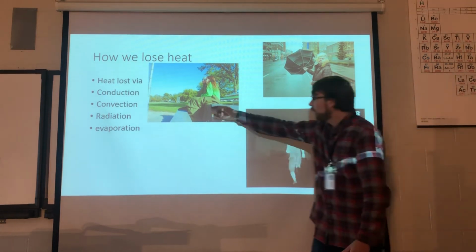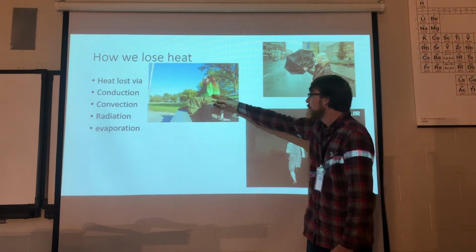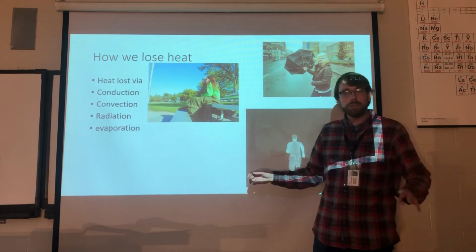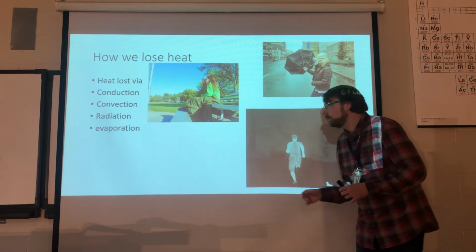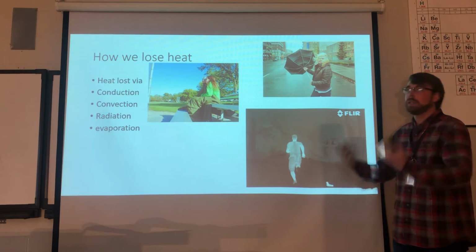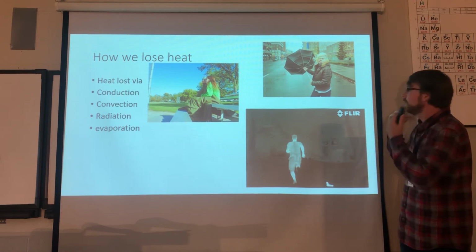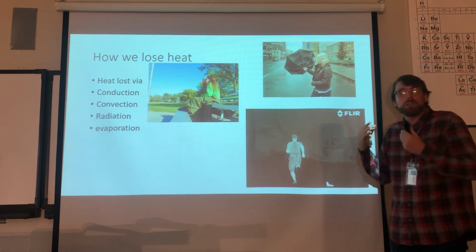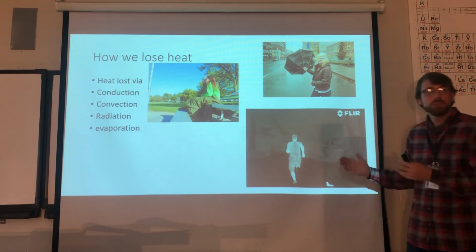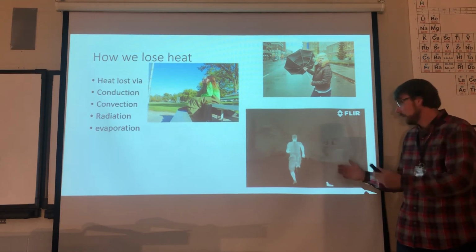Conduction is when you are in contact with something. So if your butt is on a cold metal bleacher, you are losing heat to that bleacher via conduction. You lose heat via convection. That is, if you have a wind, if you have air currents moving over you, it's essentially just conduction to the air. Lastly, we are also losing heat via radiation.